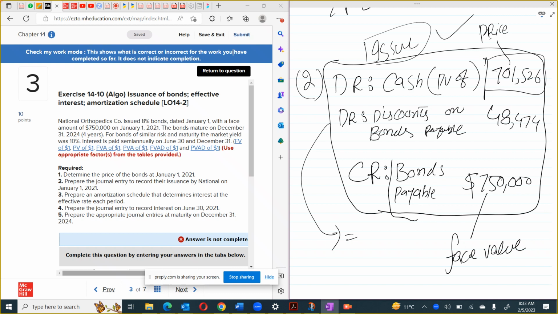Let me see if there is any amount named cash interest, but there must not be. Okay, so you will credit the cash here, 30,000. I will check.